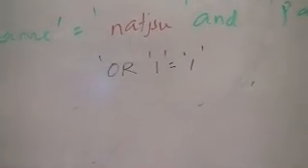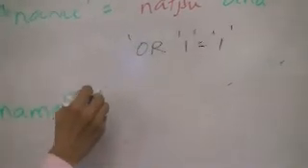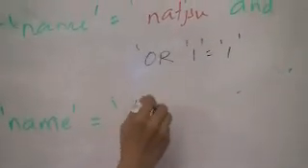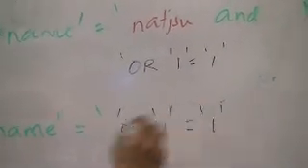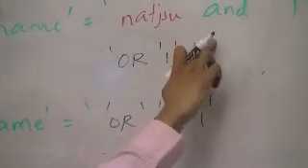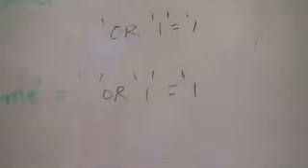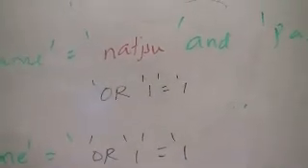It returns true. That's what you said? Right. See, name equals what? Again, you insert the black thing, it will be or 1 equals 1. Right? Actually, this should not be here because this is covered by this thing.